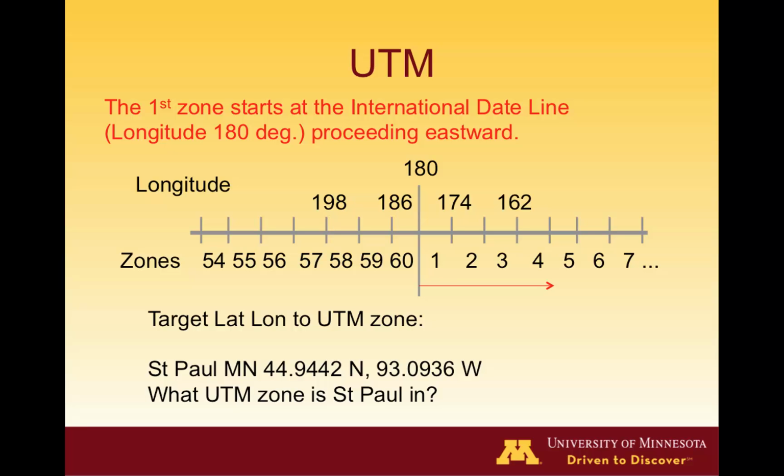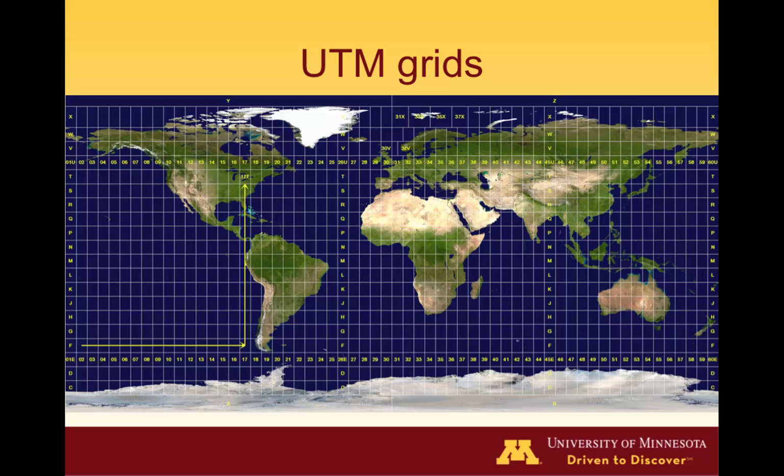It should be easy. If you have questions of calculating this zone, you can ask me offline. So these are the UTM grids that we are talking about. And if you calculate the previous UTM zone correctly, you will get zone 15 for St. Paul.